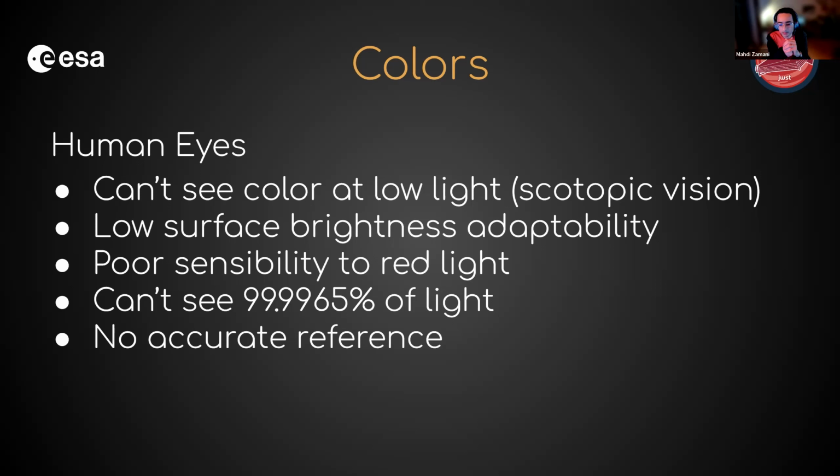Many people ask us as astronomy educators, what would I see if I were standing next to the Andromeda galaxy? The first thing is, of course, standing next to a galaxy is not really an option. But even if you were in close proximity to Andromeda, or even inside Andromeda, you still wouldn't see any colors.